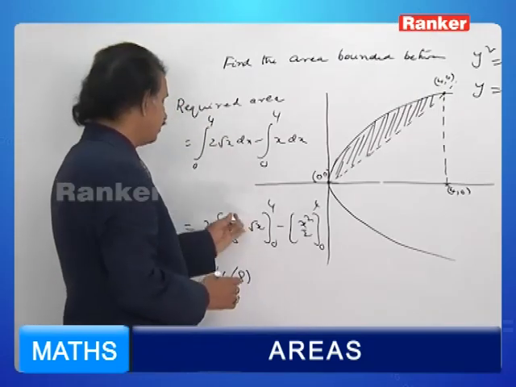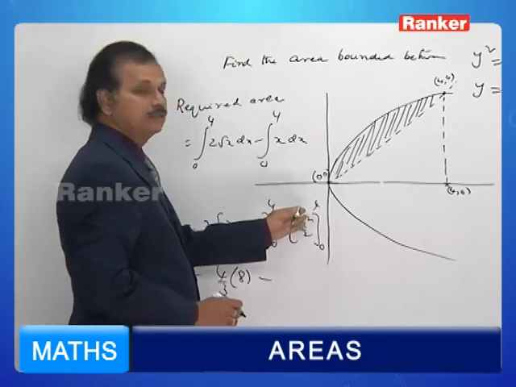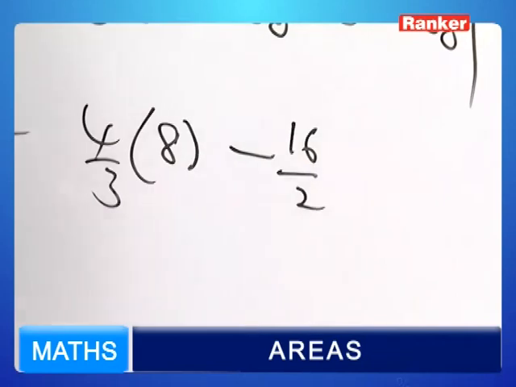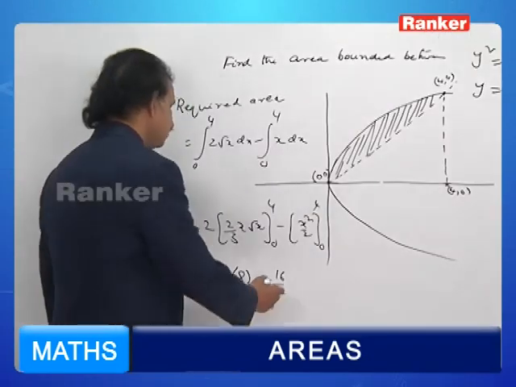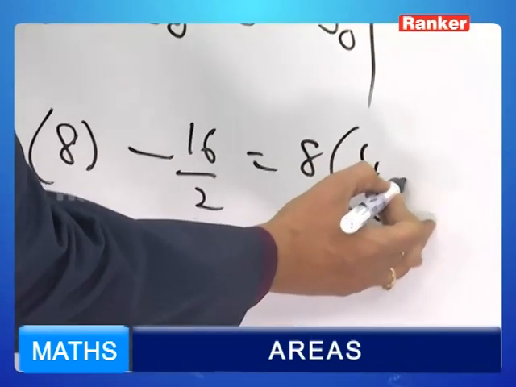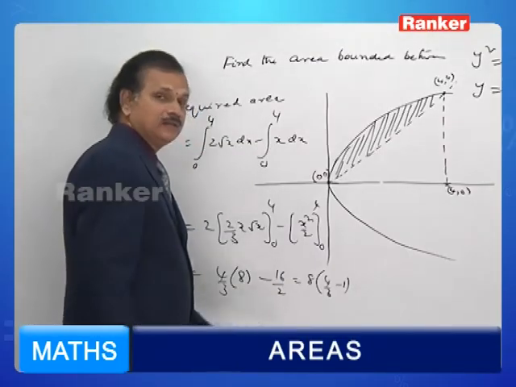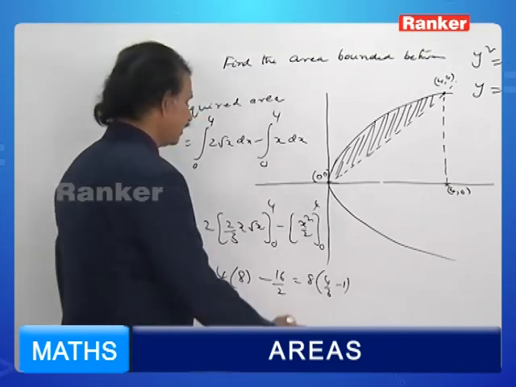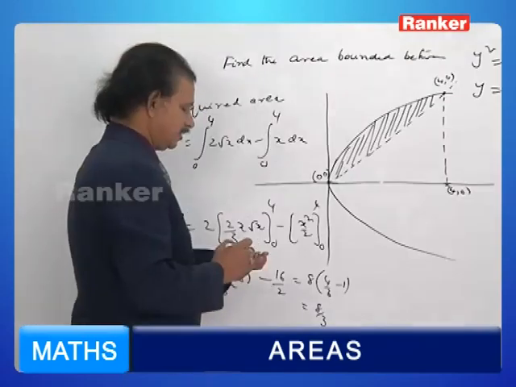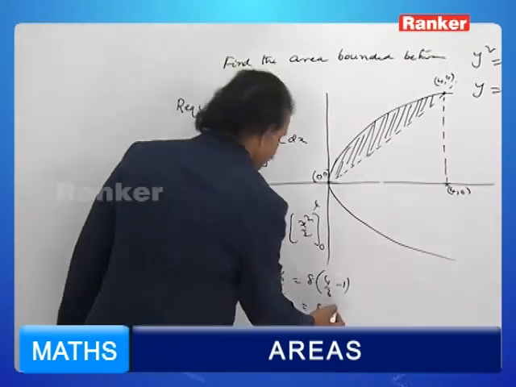And if you put 0, it will be 0. Minus, here, 4 square, 16, 16 by 2 is 8, of course. Hence, this is equal to 8 into 4 by 3 minus 1. 4 by 3 minus 1 is 1 by 3. Hence, the answer is 8 by 3 square units.